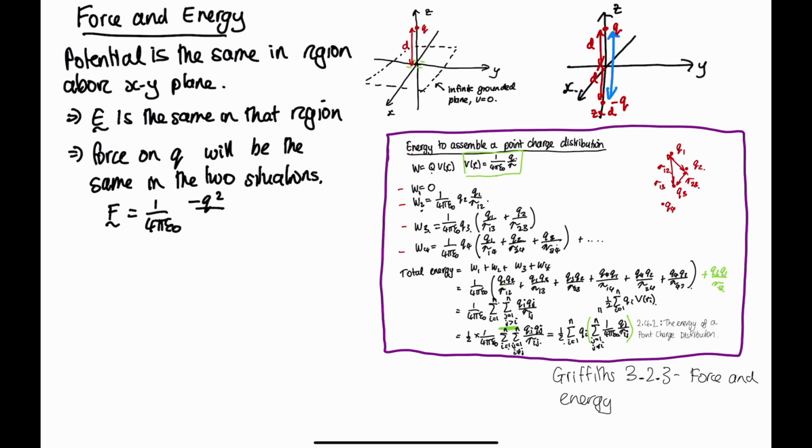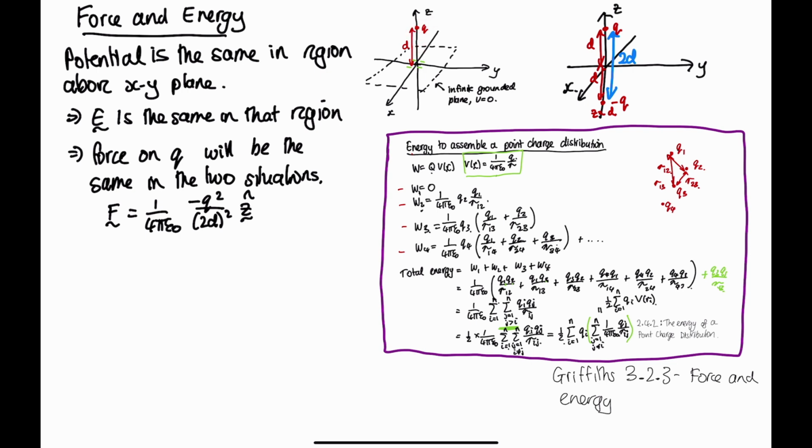Just remembering that in this case, the separation is given by 2D, so this will be divided by 2D squared, and this is going to be along the Z axis. So that is our expression for the force on this charge here.